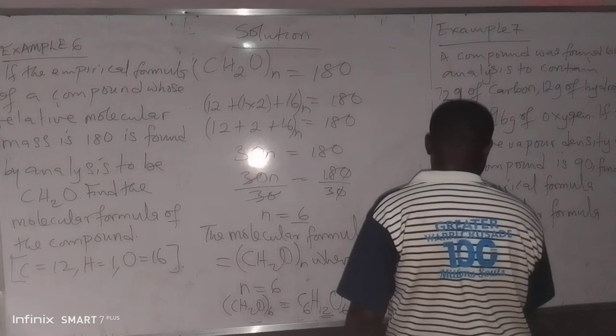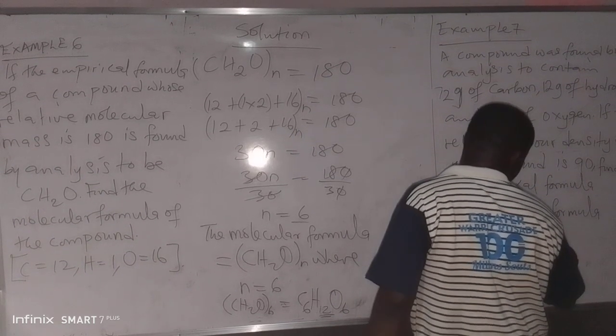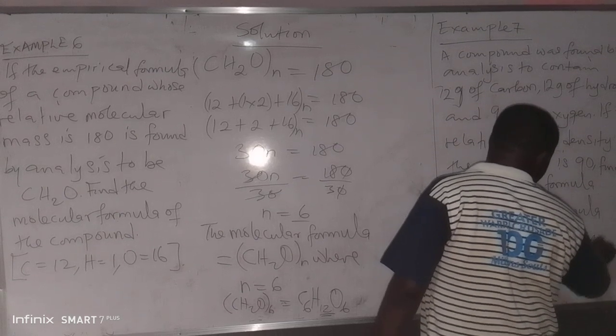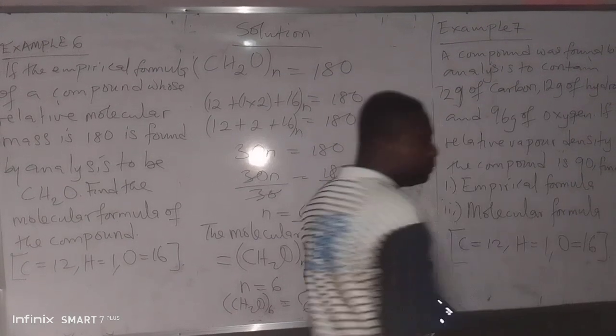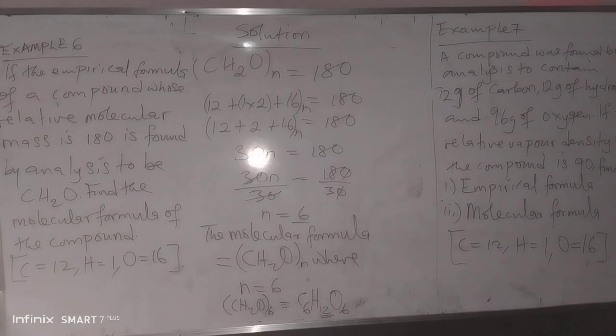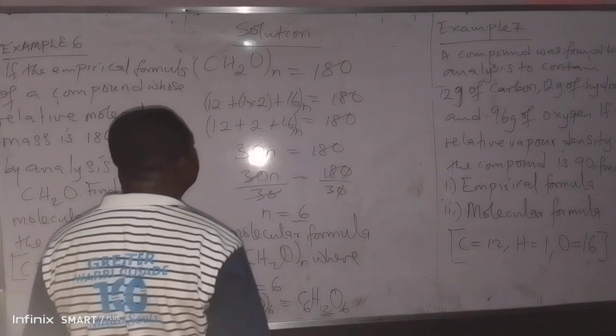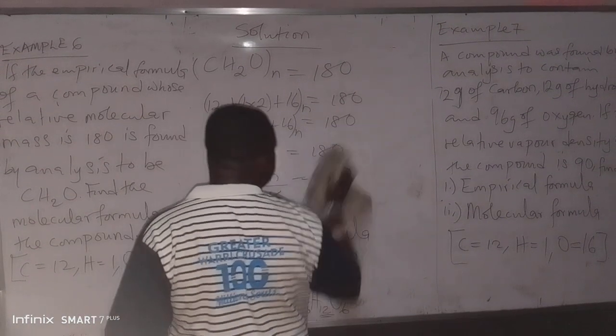So they will give you C equals 12, H equals 1, and O equals 16. That's the last question we're going to solve today. I think we have done well under empirical formula and molecular formula, as far as the SS1 syllabus is concerned.